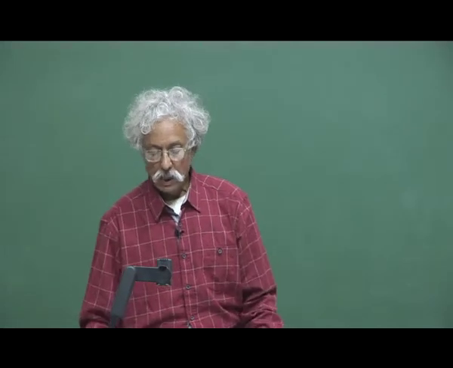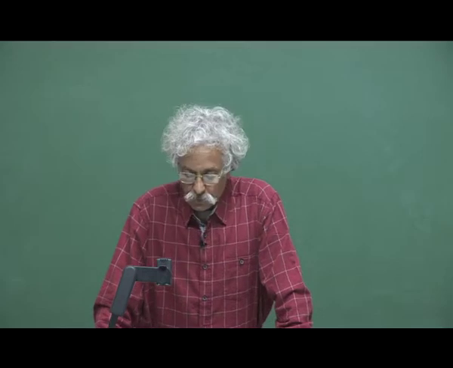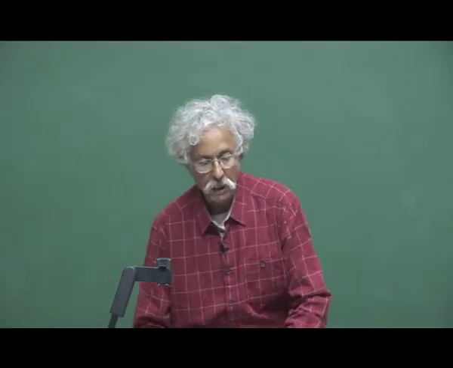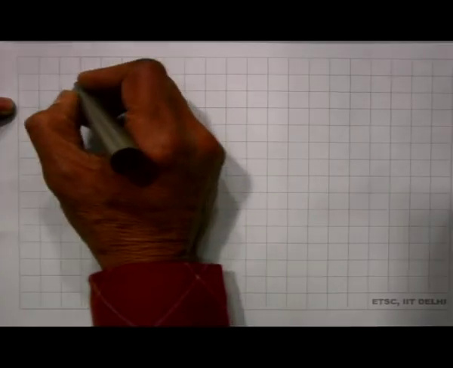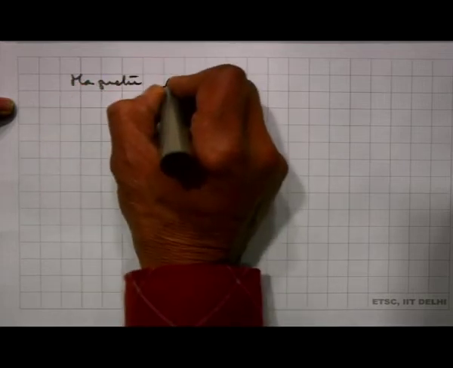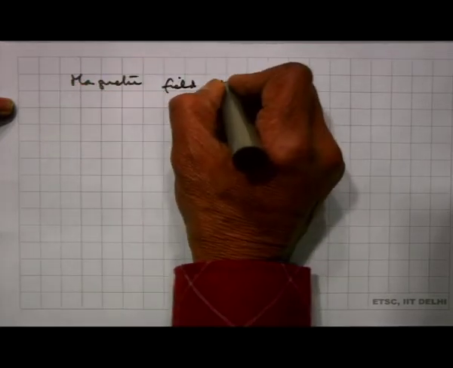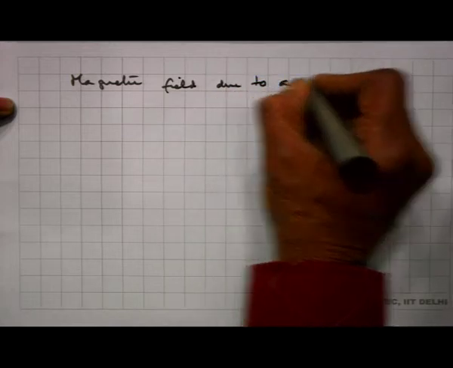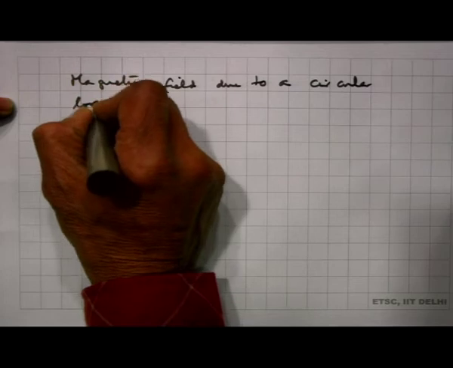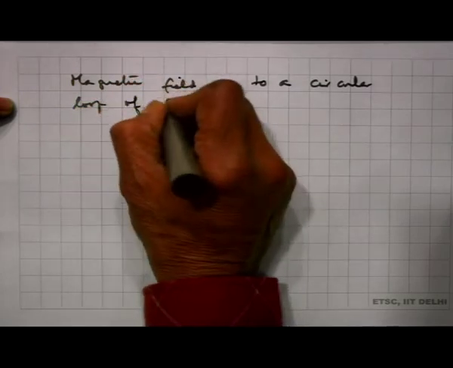Now, I want to come back and look at the magnetic dipoles themselves and look at some other properties of magnetic dipoles. So, let me recall that we had calculated the magnetic field due to a circular loop of current.